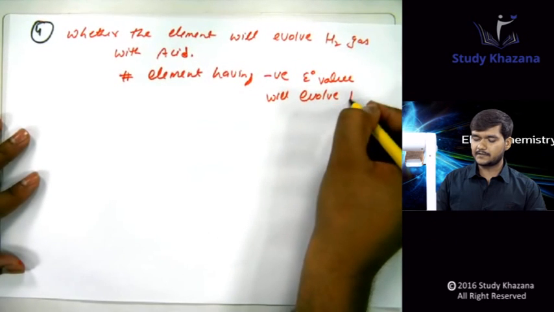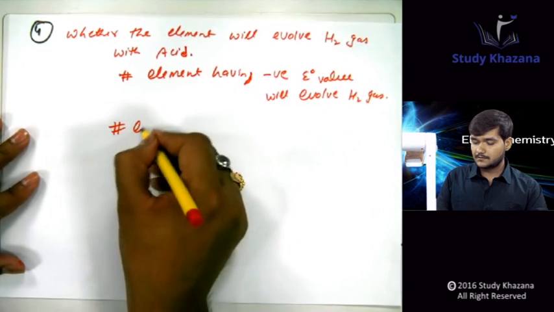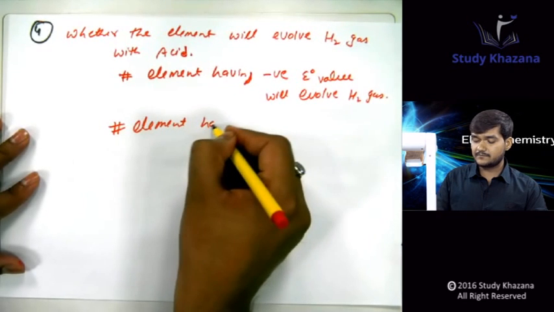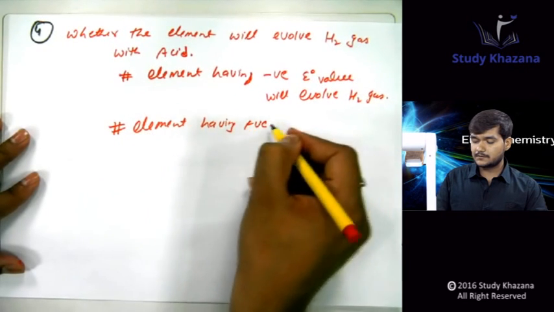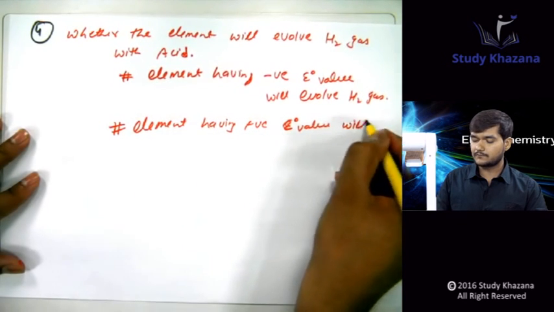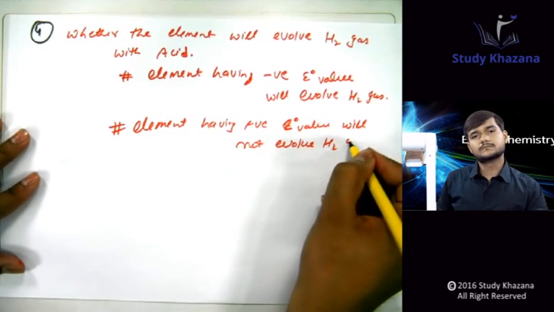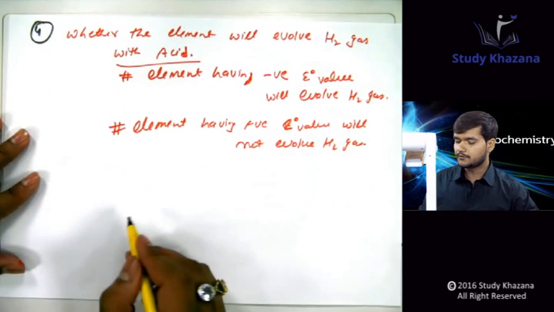And the element having positive E0 value will not evolve H2 gas from acid. I'm talking about acid. From acid it will not evolve.